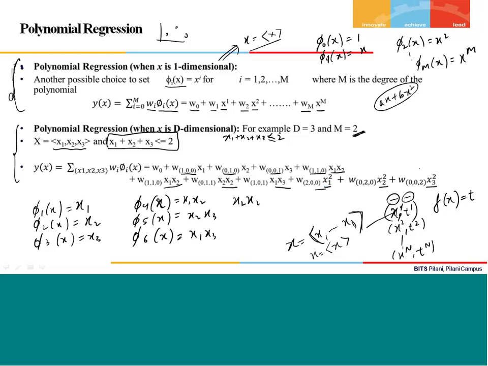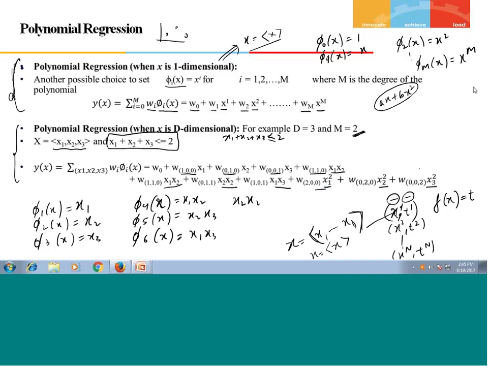So likewise, you can have a basis function in d-dimensional form. This is just to explain what a basis function is. Once you decide that you want to put your input vector x into a higher dimension space, let's say 2 dimensions, this is my 1-dimensional space vector and I want to map it into 2-dimensional space.